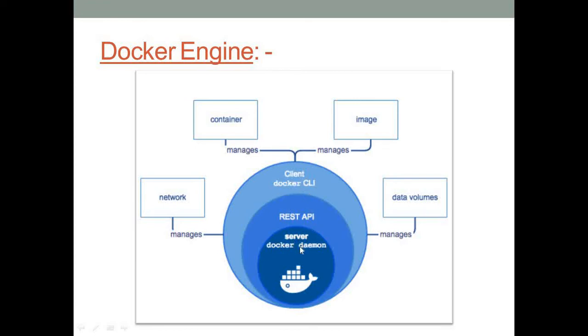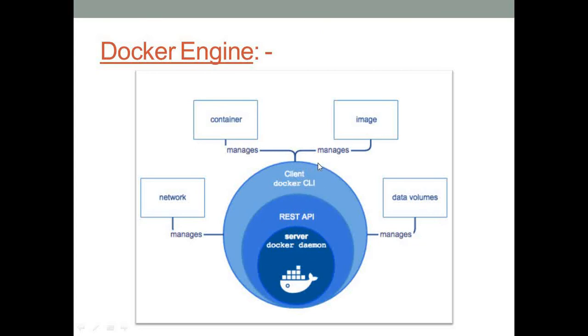When we install Docker engine, the Docker daemon works as a server, and the Docker CLI works as a client, meaning you get a prompt, like in a command prompt or bash shell, a console where we can input our commands to talk with the Docker daemon.